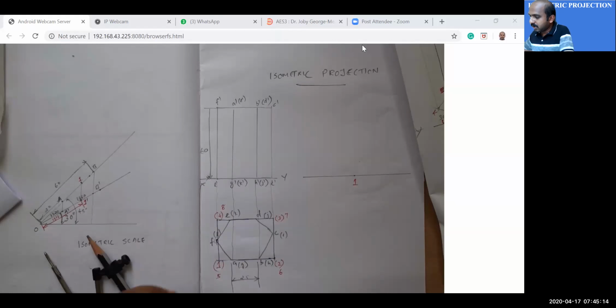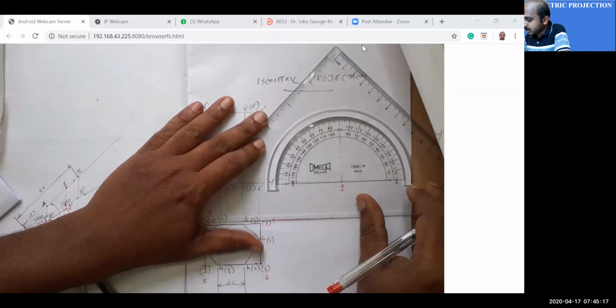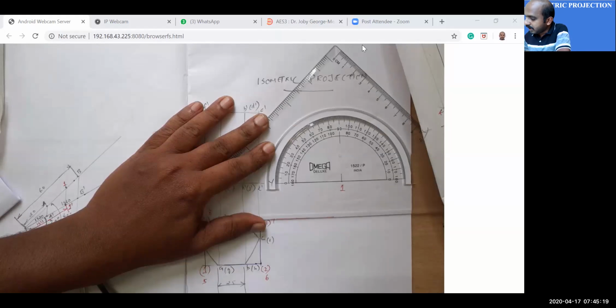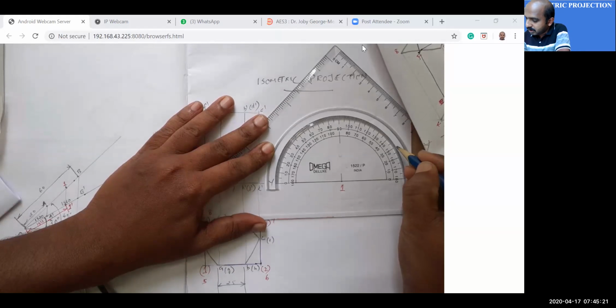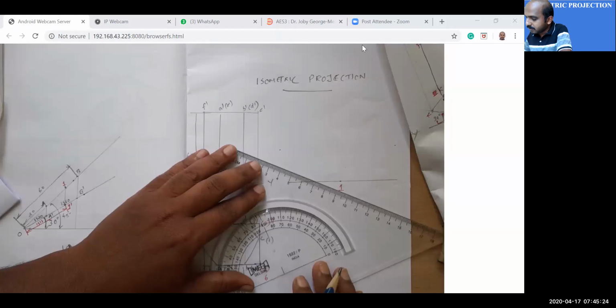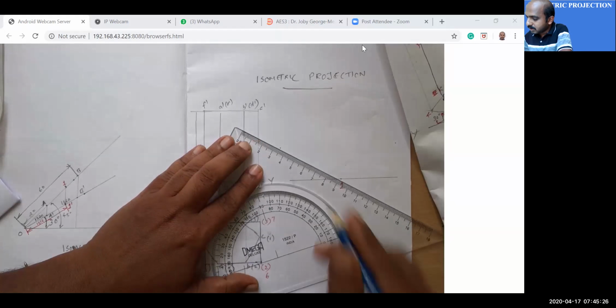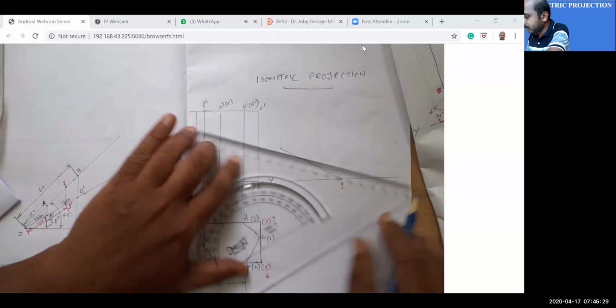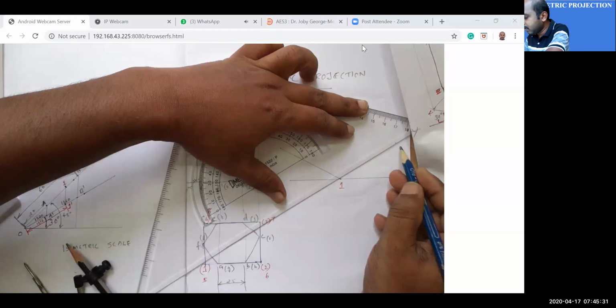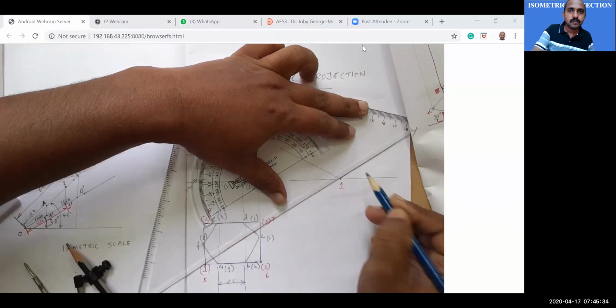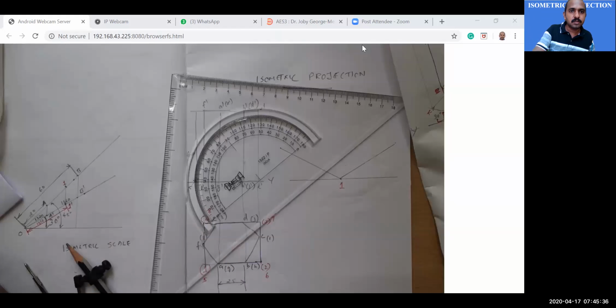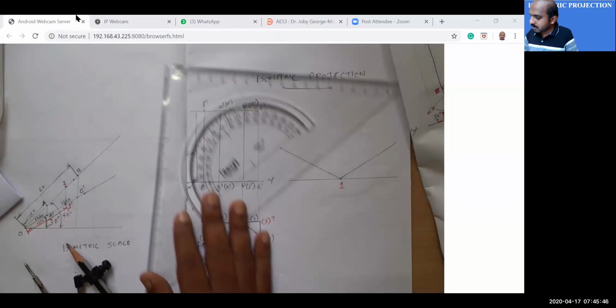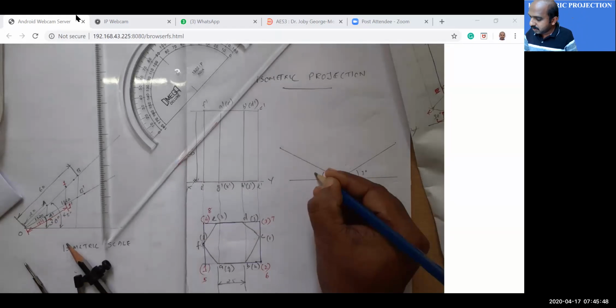So before that, draw 30-degree lines in both directions. So this is 30-degree and this is 30-degree.